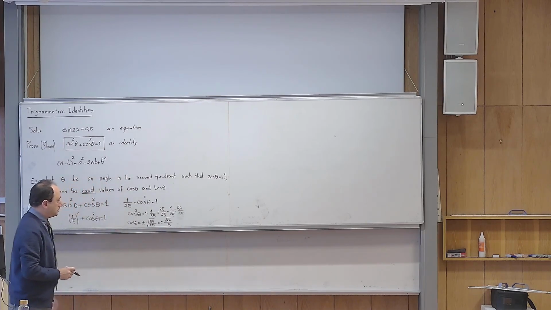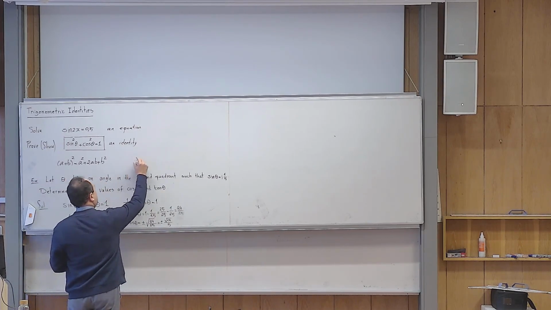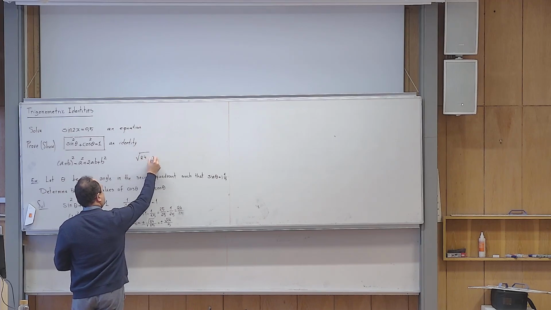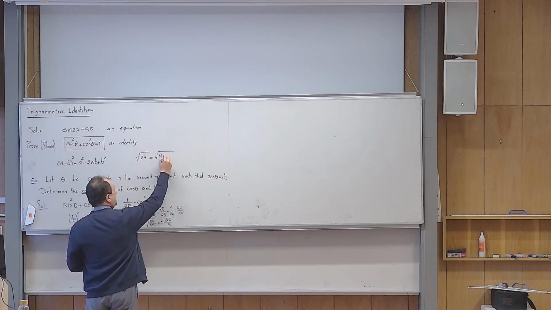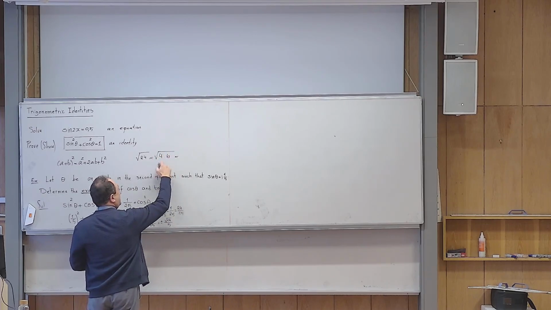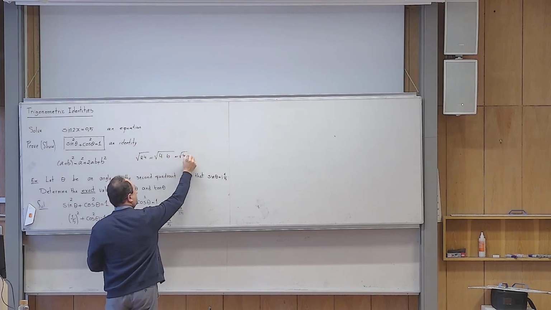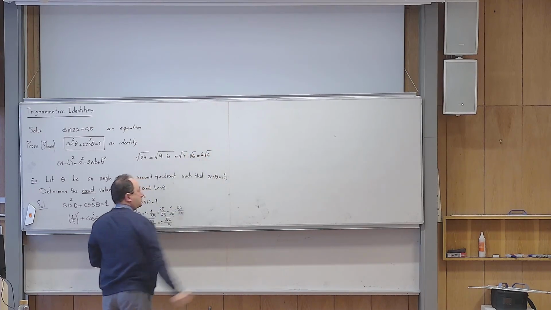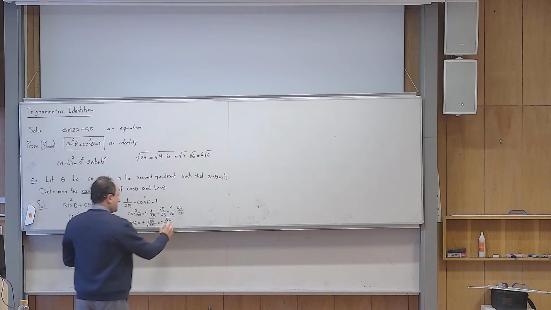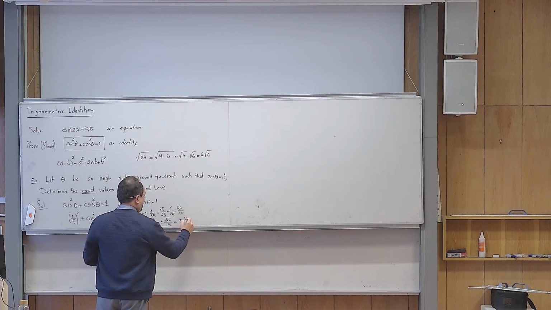You can keep it like this, but the square root of 24 can be written a little bit simpler. You can write it as the square root of 4 times the square root of 6. The square root of 4 is 2, so this becomes 2 square root of 6. So it is better to simplify if you can. So 2 square root of 6 over 5.